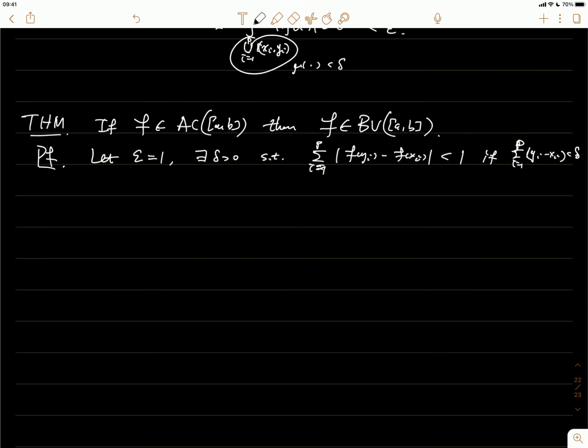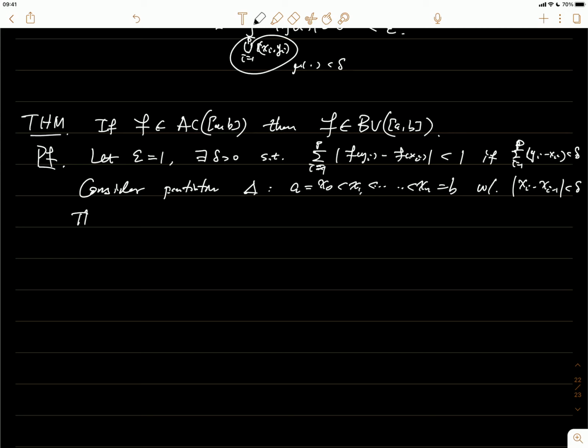And that's also the case we're going to have below. So we can consider the partition of the interval [a, b] with x_i minus x_{i-1} less than delta. If this is less than delta, we know that |f(x_i) - f(x_{i-1})| is less than 1.